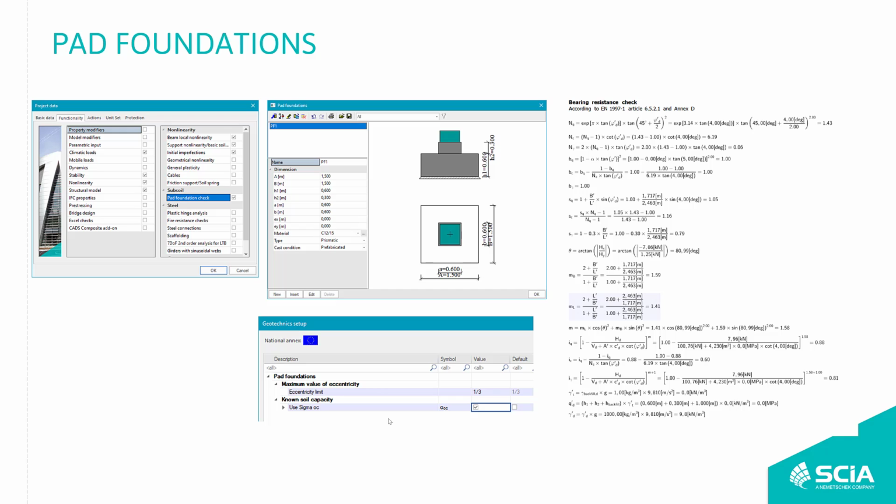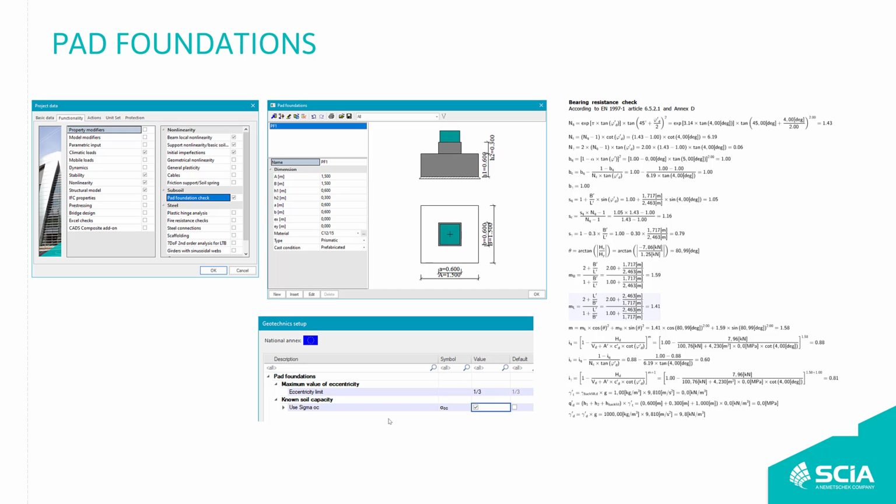What you also have accessible under the geotechnics is a check of pad foundation, and it's all the checks related to the pad foundation, which is published in Eurocode 7, which is related to the geotechnics.